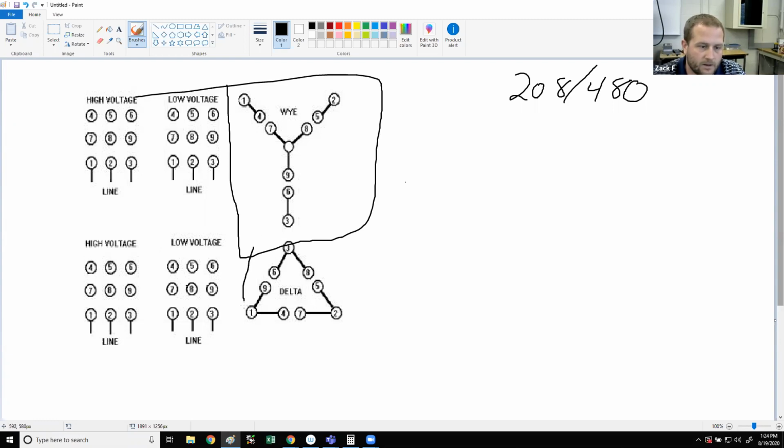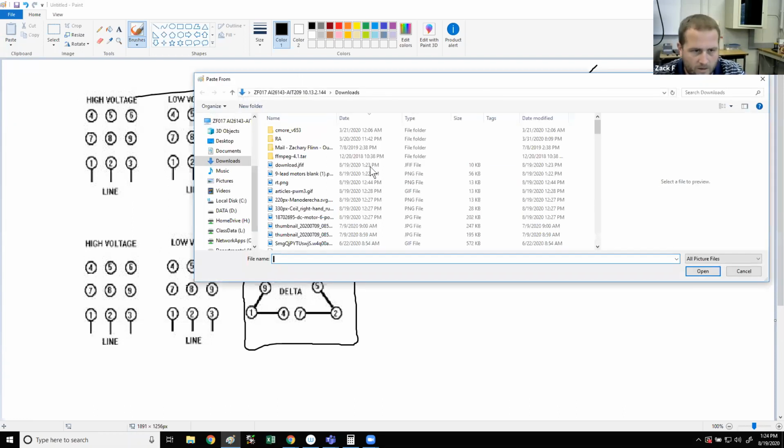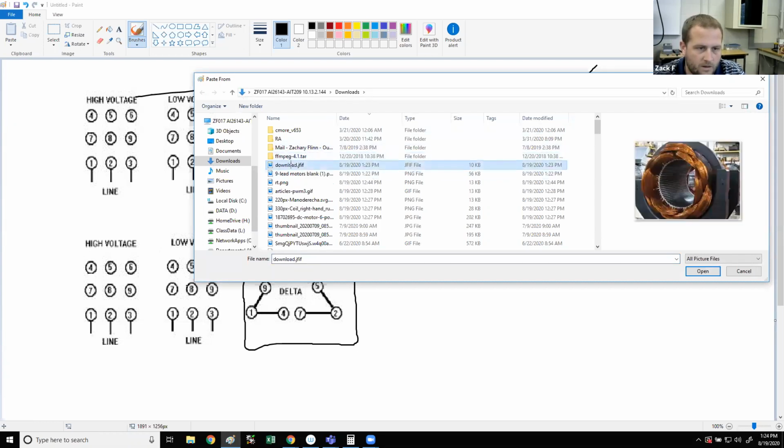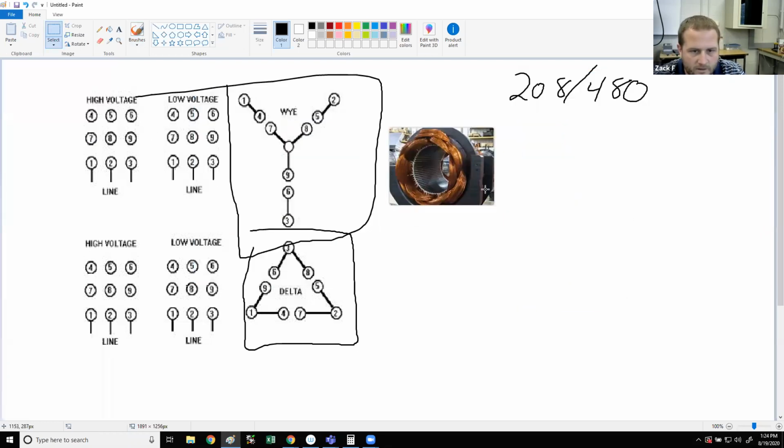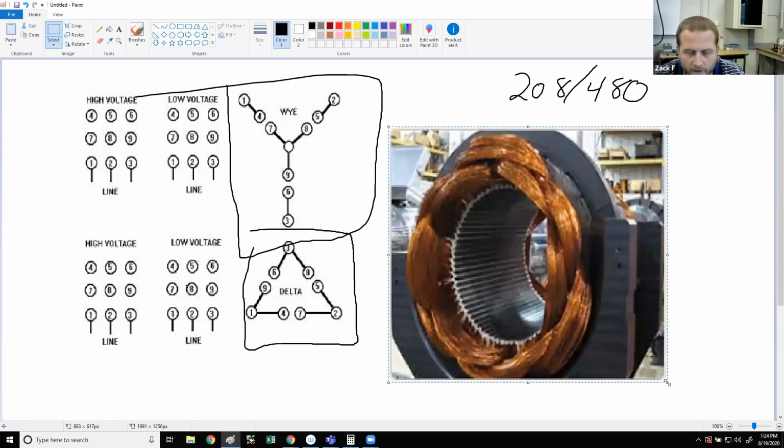They're not going to look like this. They're going to look more like this. Okay, it doesn't look like they're configured in Y or delta or anything, but the ends of these coils are going to be configured in a way that's like Y or delta.